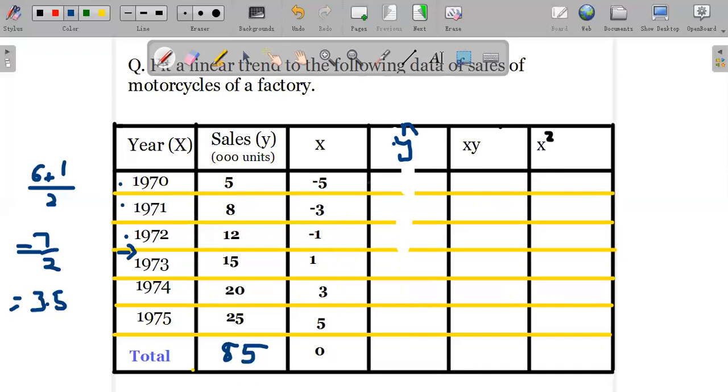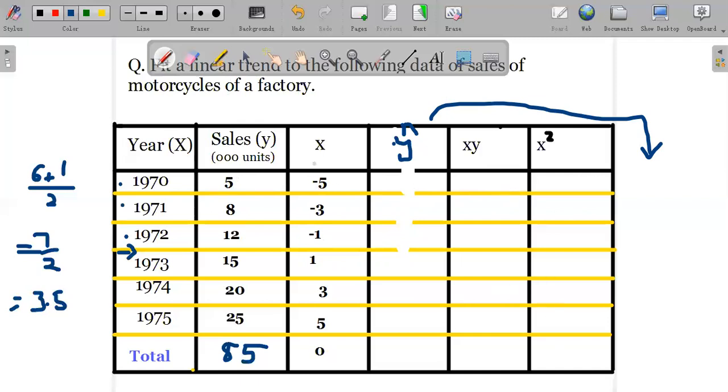Just draw 5 columns unless you are asked to find the value of trend lines. Product of XY is minus 5 into 5, minus 25.